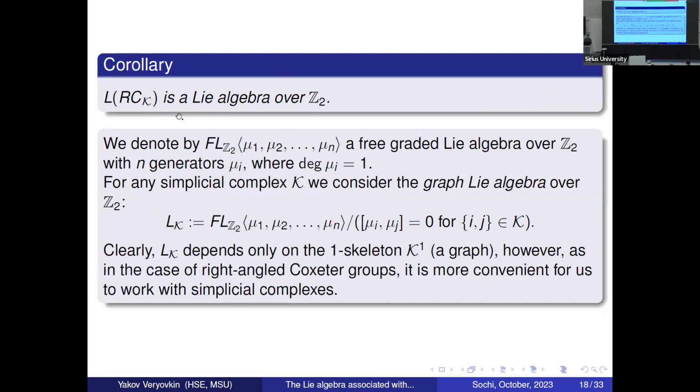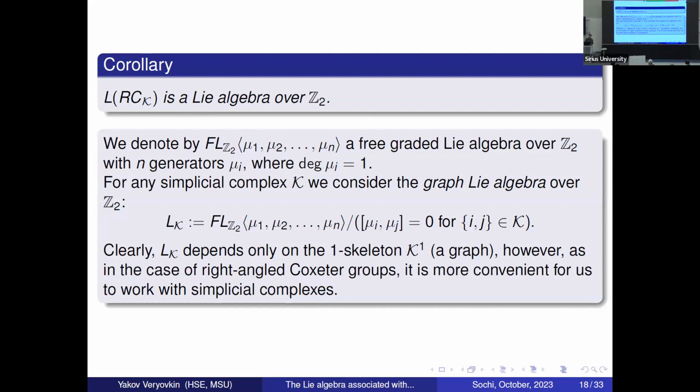Now let L(RCK) be the associated Lie algebra, a Lie algebra over Z_2. We denote by FL_{Z_2} a free graded Lie algebra over Z_2 with n generators mu_i, where the degrees of mu_i equal 1.